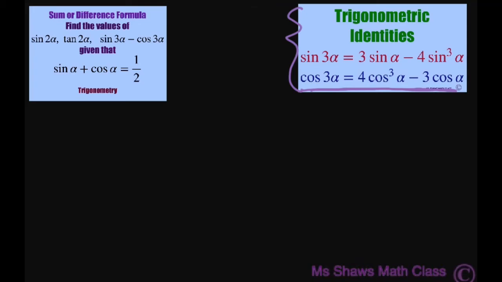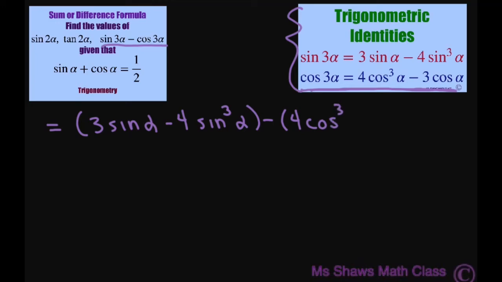But basically, I'm just going to write this equals 3 sine of alpha minus 4 sine cubed of alpha minus 4 cosine cubed of alpha minus 3 cosine of alpha. Now what I'm going to do is group my linear terms together, and I'm going to group my cubic terms together.